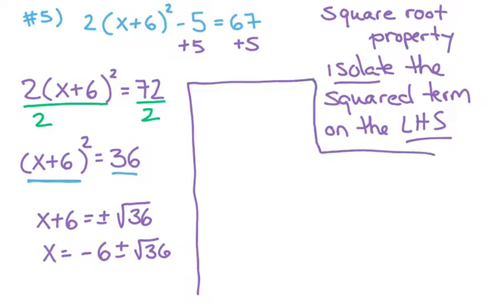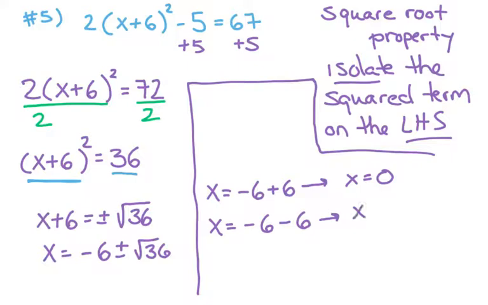So either x equals negative 6 plus 6, or x equals negative 6 minus 6. In this case, we get x equals 0. In this case, we get x equals negative 12.